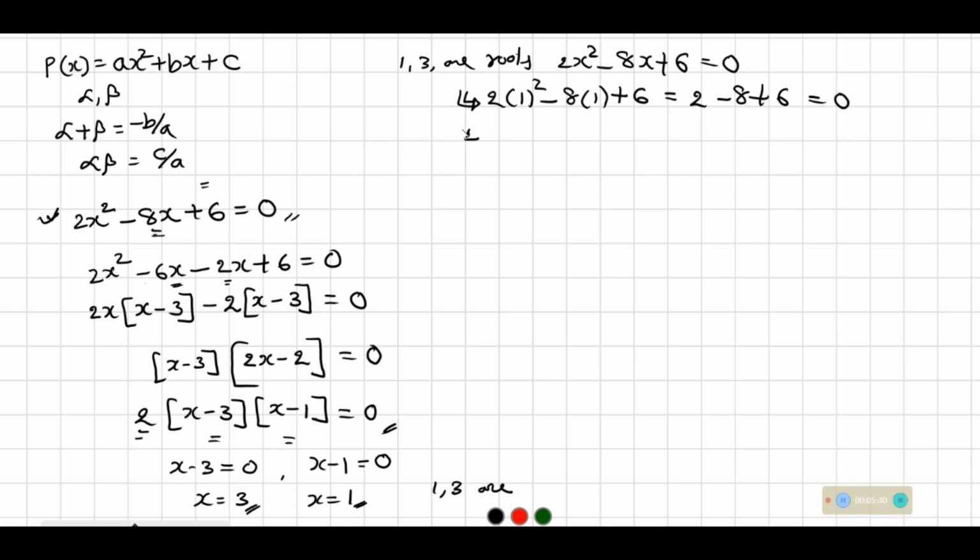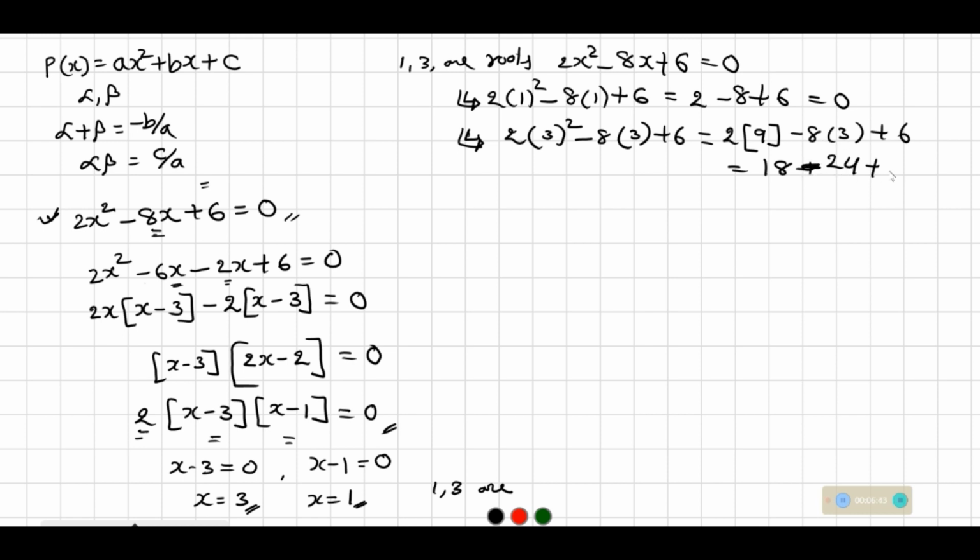If you substitute 3 in this quadratic equation, 2 into 3 square minus 8 into 3 plus 6, 2 into 3 square is 18, minus 24 plus 6, this also becomes 0.